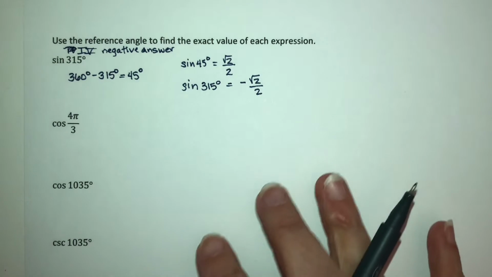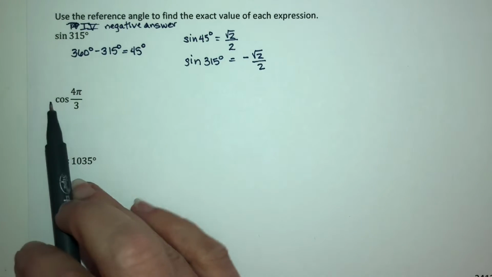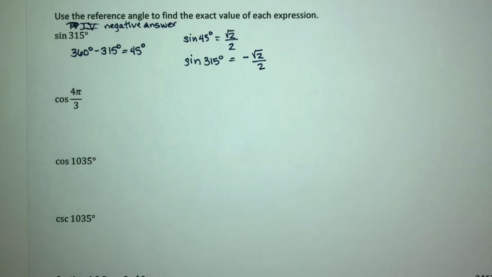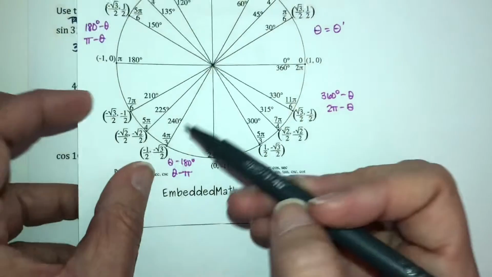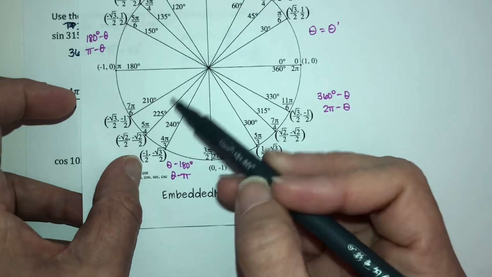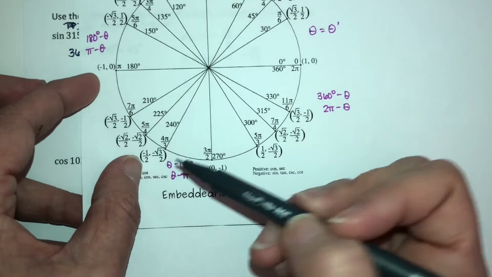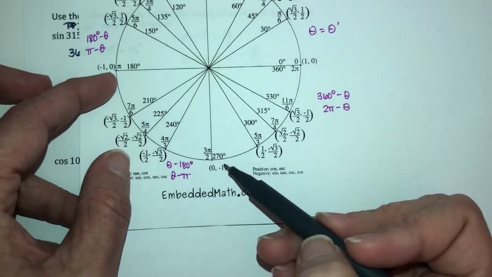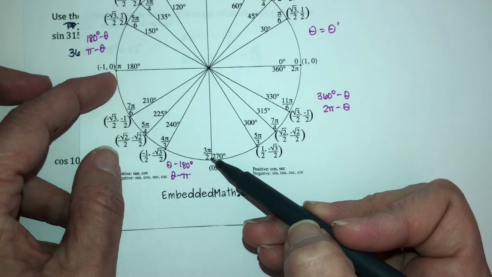Now let's do cosine of 4π/3. 4π/3 is actually on our unit circle as well, but we're going to work it as if we didn't know that. 4π/3 is between π and 3π/2.